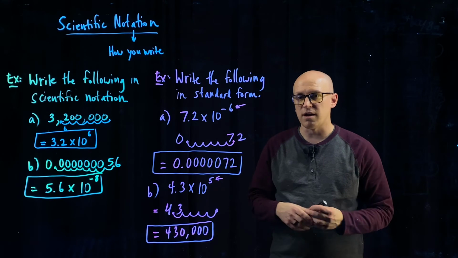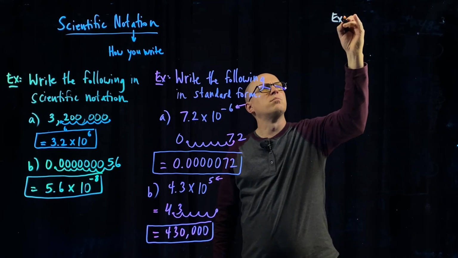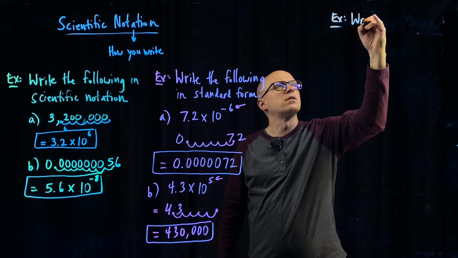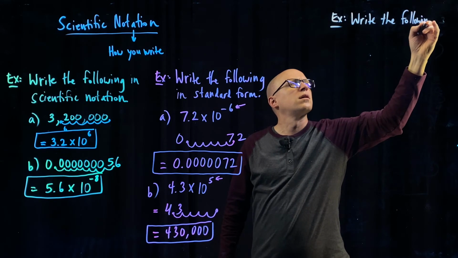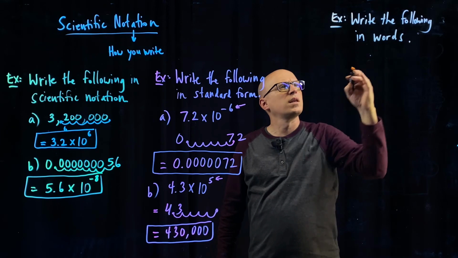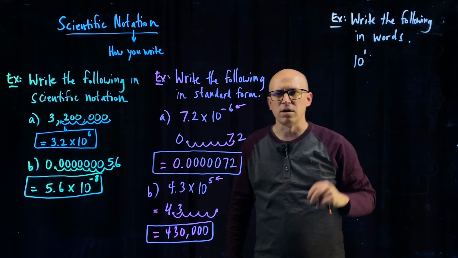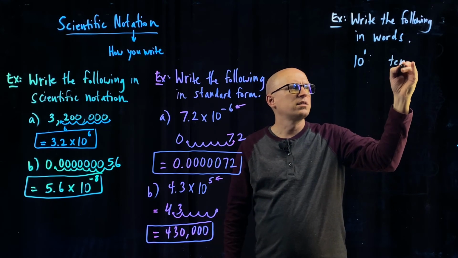There's certain numbers that are important within scientific notation. So we're going to talk about those a little bit. And in this case, we're going to write the following numbers out in words. All right, we're going to start with 10 to the 1st power. And when we're talking about 10 to the 1st power, we're talking about 10.